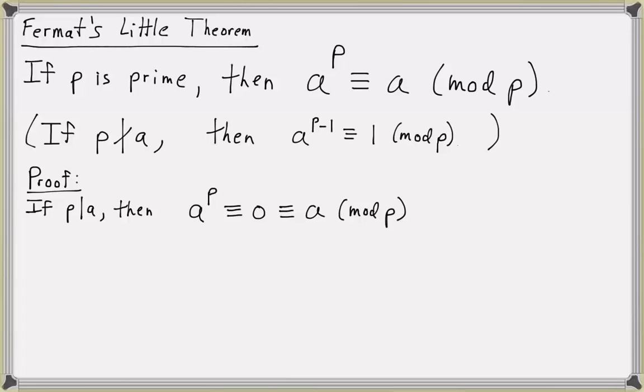So the theorem holds trivially if p divides a. So let's assume that p does not divide a. If p does not divide a, then p and a must be relatively prime.